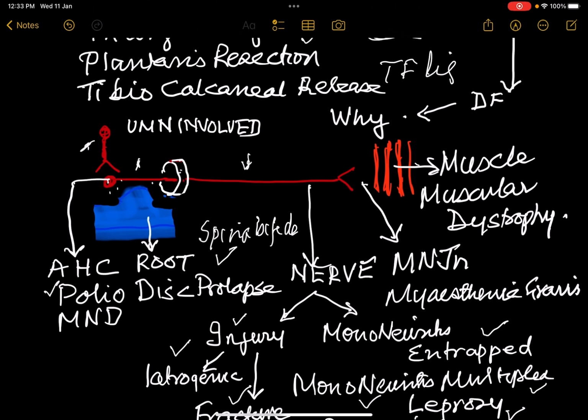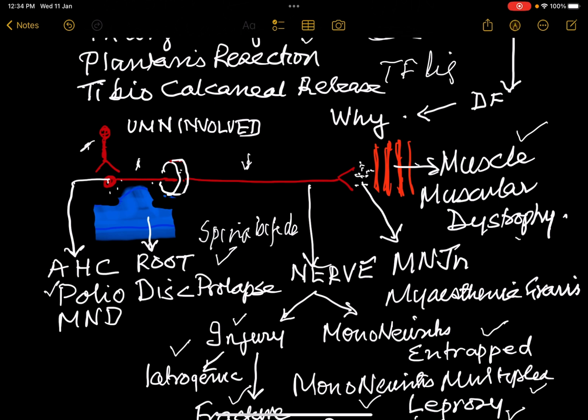The myoneural junction is involved because there is excess of cholinesterase enzyme, which doesn't allow acetylcholine to persist in the synapse, and therefore after walking some distance the muscle starts getting weak. So that is called the fatigue test positive. Then there is the muscle, and there can be what is called muscular dystrophy.